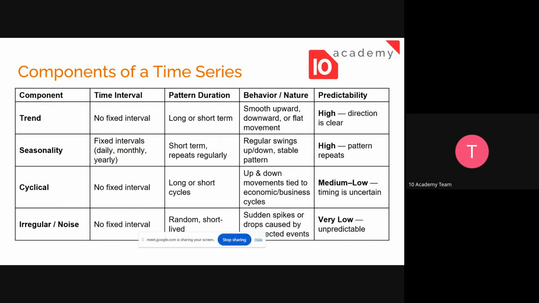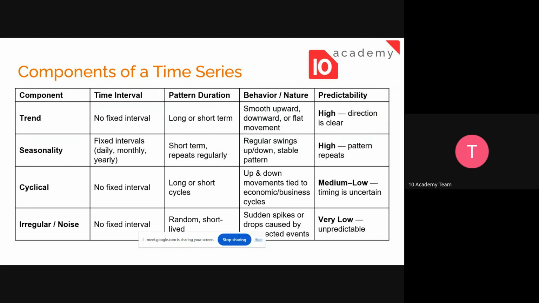For example, your sales might go very down in the summer and go up in the winter, or the other way around. You don't know whether the regular swings are up or down, but the predictability is also good, so you can expect what to get in that season.